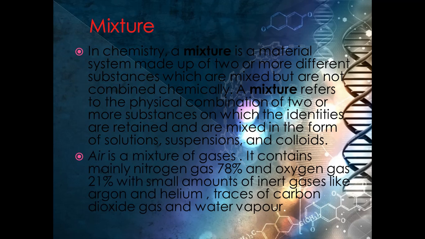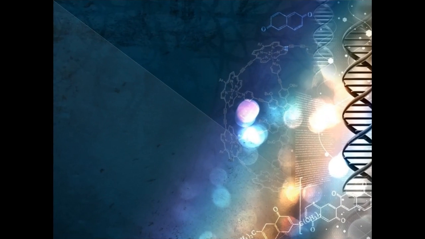Air is a mixture of gases. It consists mainly of nitrogen gas 78%, oxygen gas 21%, with small amounts of inert gases like argon and helium, traces of carbon dioxide gas and water vapor. So this whole combination is called air. So air is a mixture.